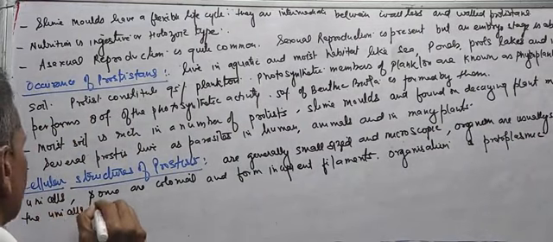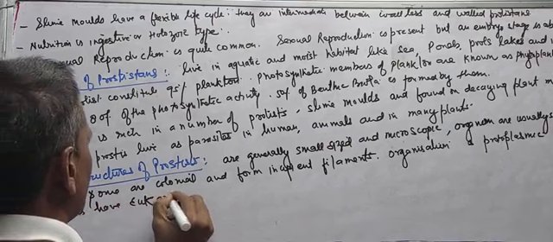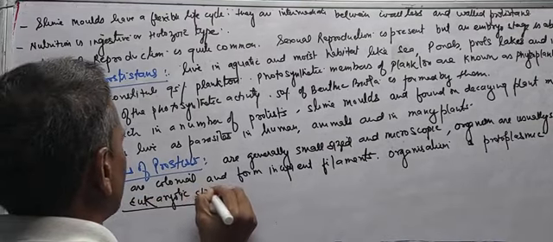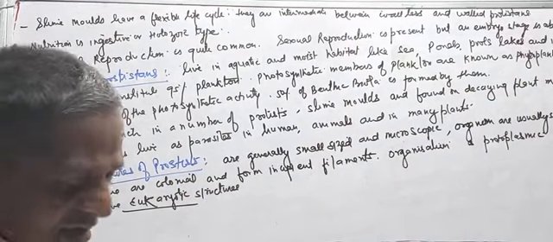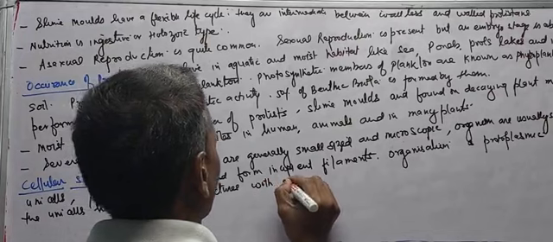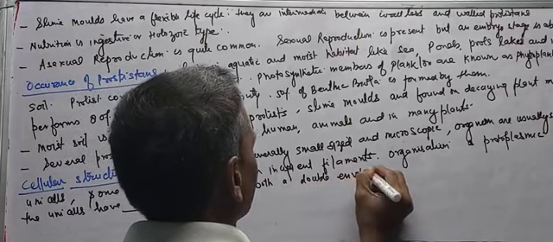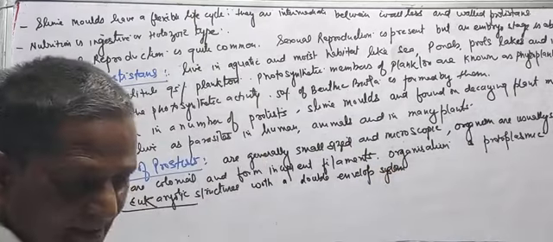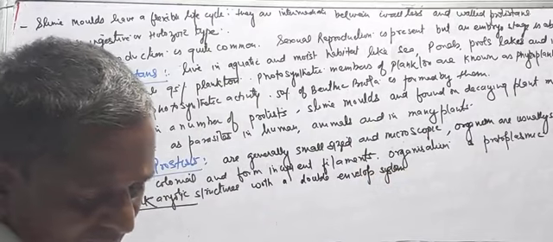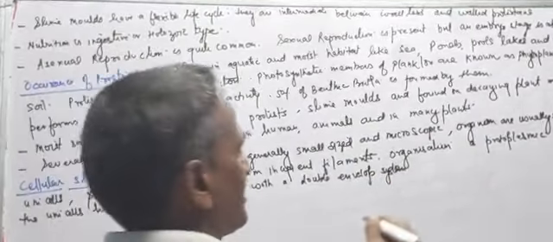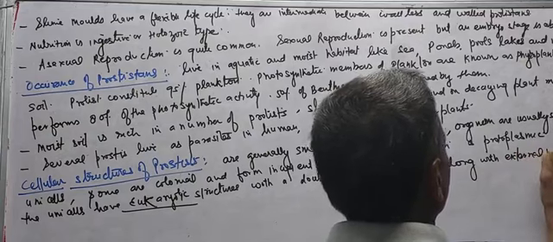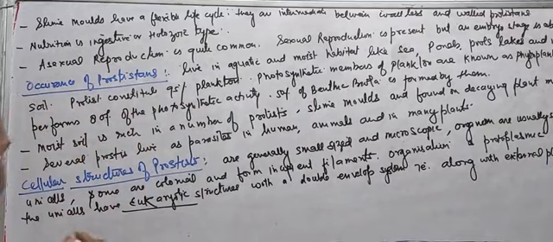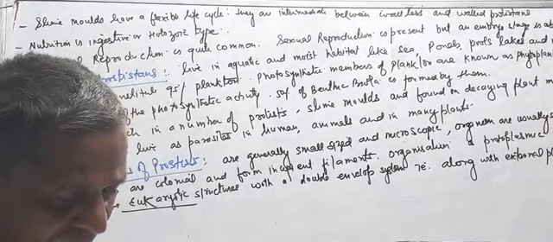The unicells have eukaryotic structure with a double envelope system, that is, along with the external plasma membrane.